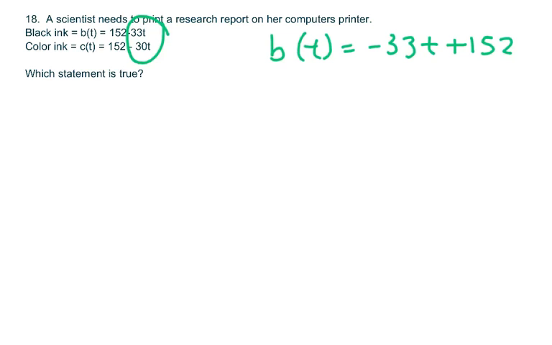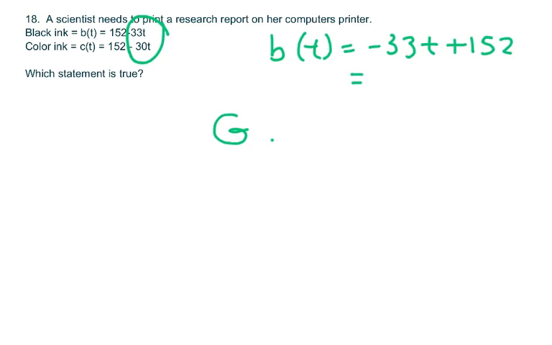So basically, the statement that's true is G. The colored ink prints fewer pages than the black ink, which is 3 fewer pages. So that's how you would do that problem. Just plug in some numbers. I would just plug in 1.